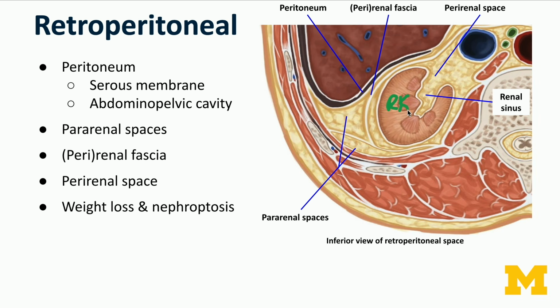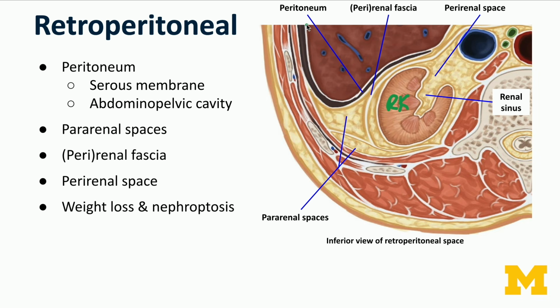The abdominopelvic cavity is lined by a serous membrane called the peritoneum. Like all serous membranes, there are visceral components and there are parietal components.